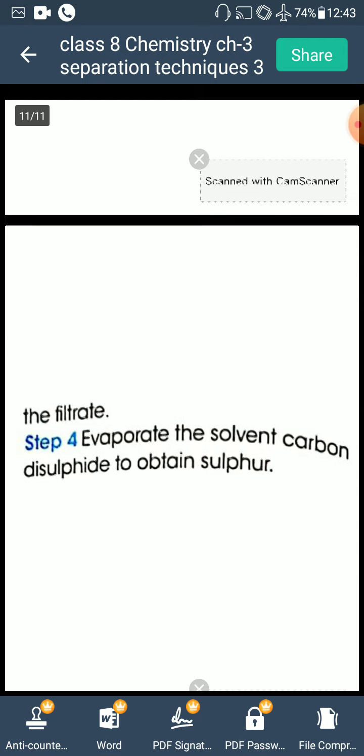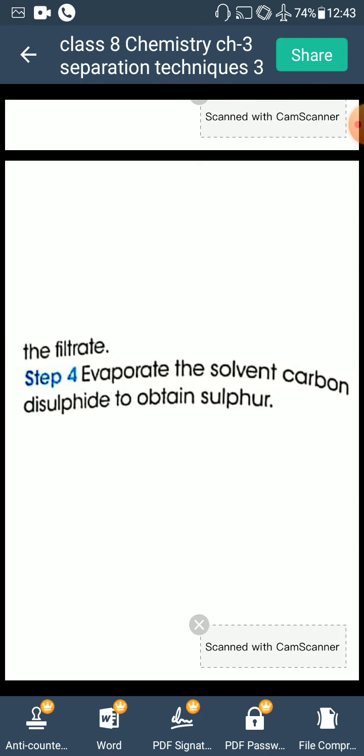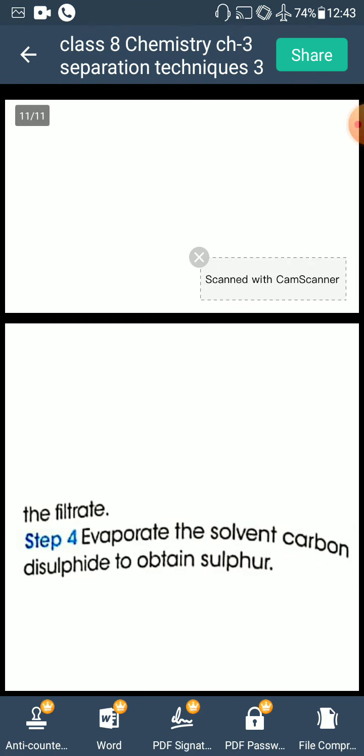In the fourth step, evaporate the solvent carbon disulfide to obtain sulfur. So using more than one technique of separation, sometimes you can separate a mixture of more than two components.